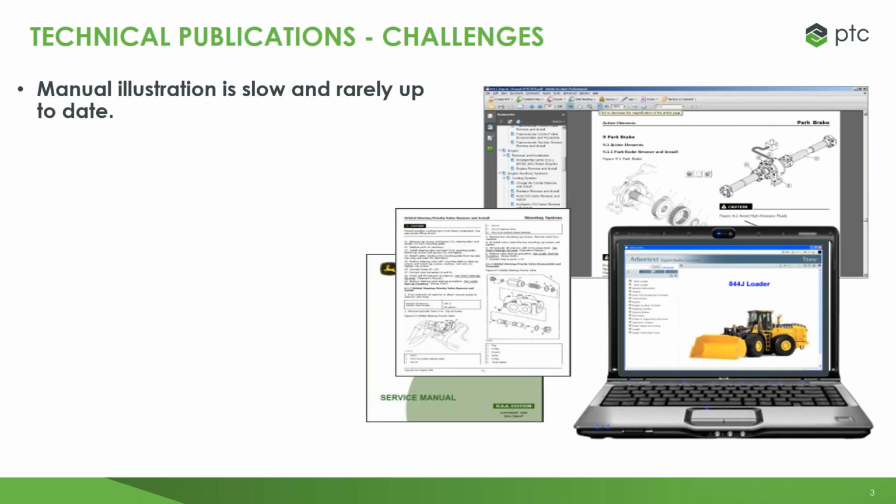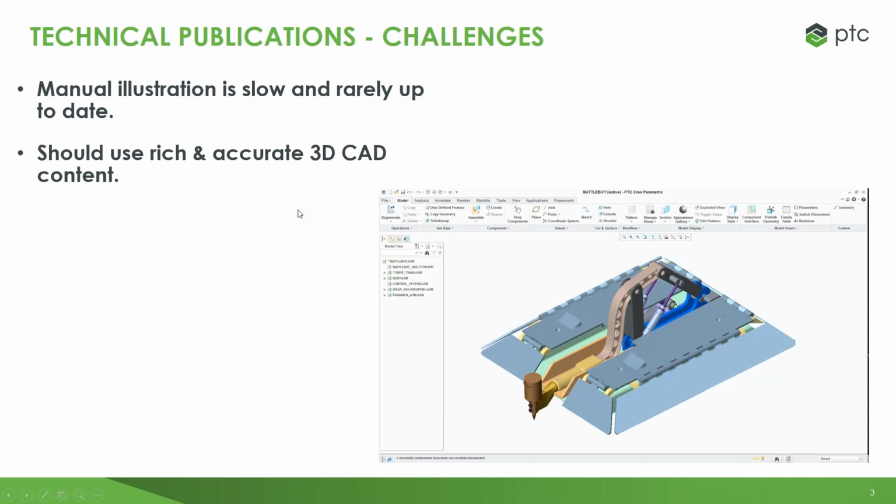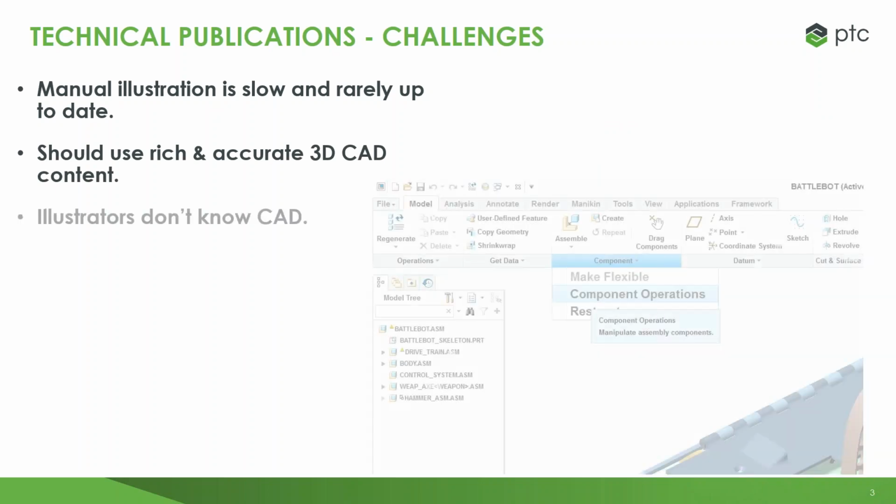So just a few more challenges when building out illustrations manually. Not only does it add a level of complexity, but oftentimes you may have issues with it being out of date. So that's where these rich and accurate 3D CAD models come into play to actually be used for our technical illustration.